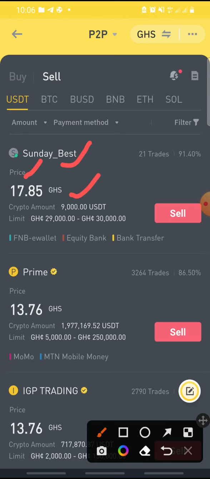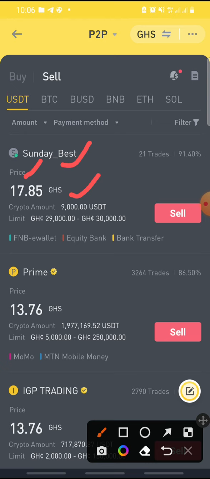So Sunday is saying that when you give him $1, he will give you 70.85 pesos. While this sounds good, let's look at other conditions.